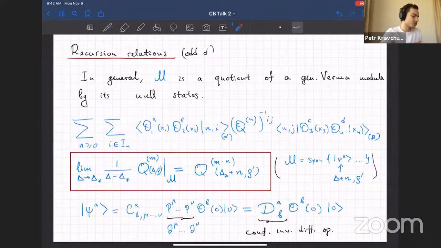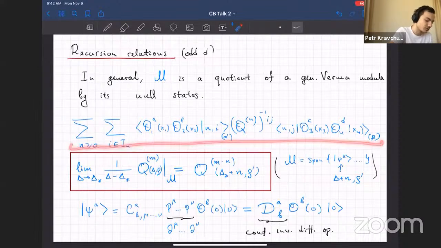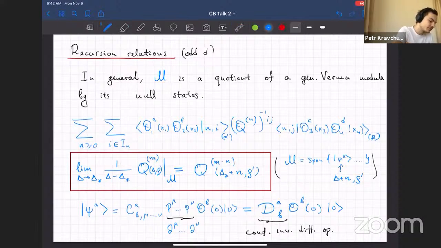And if we now go back to our formula for the conformal block, which involves the sum over levels and over I and j, and sum over I and j with this Q inverse, then after a bit of staring at this formula, you can convince yourself that this suggests at least that the residue is related to the Verma module, sorry, that the residue is related to the conformal block for this psi.